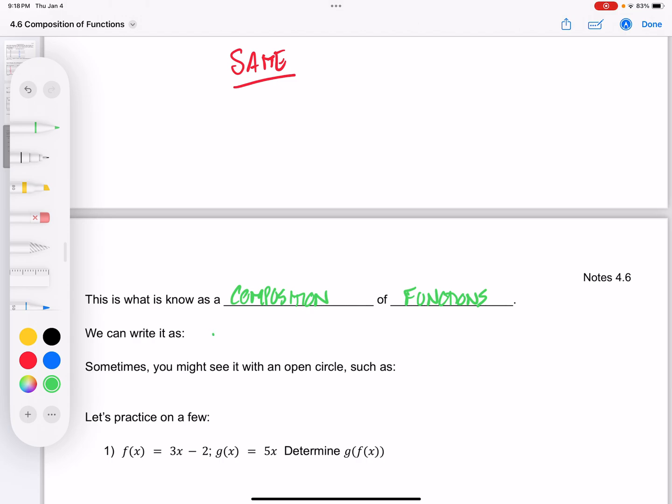You might see it written as g of f of x. And again, so we say it like that, g of f of x. Sometimes we use an open circle. So we do g of f of x. And sometimes there's a parentheses around it. Sometimes there's not. So it might look either one of those kind of ways.